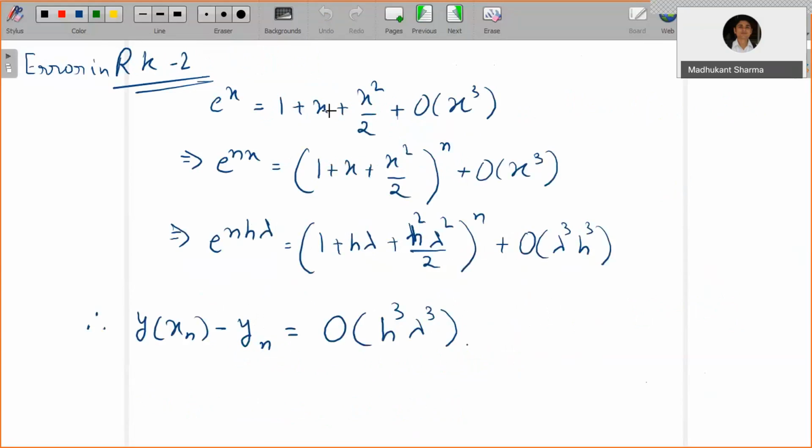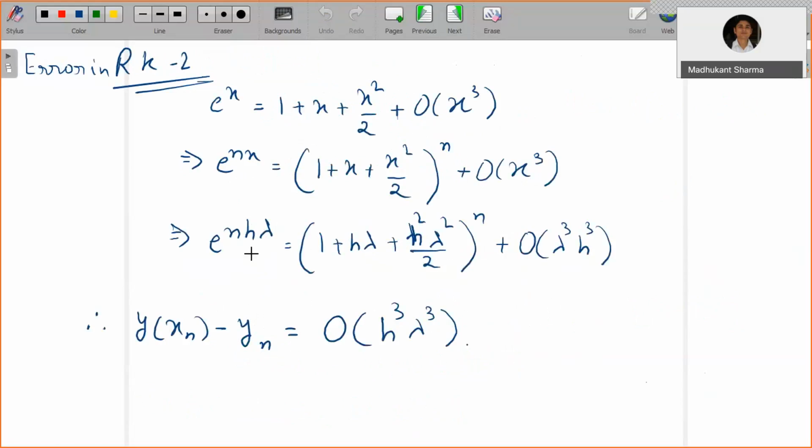Now, similarly, you can look at the Runge-Kutta method of order 2. Instead of expanding till the second term, we are going to expand it till the third term because we have to look for the error of h cube. So similarly, e to the power nx is equal to (1 plus x plus x square by 2) to the power n plus O of x cube.